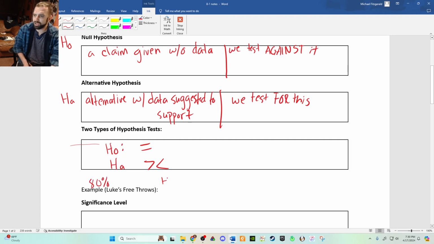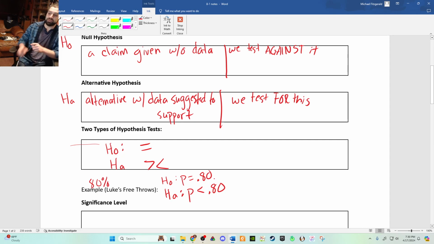We'd say our null hypothesis was that this proportion of making free throws was equal to 0.80, and we were testing the alternative hypothesis that it was less than that 80%. Even though our data was 64%, we don't want that 64% here. We're just testing to see if it's less than 80%.